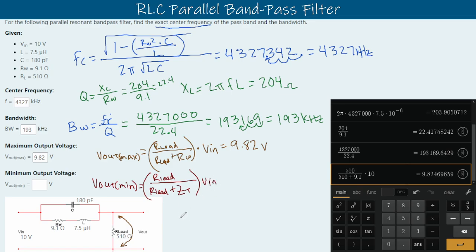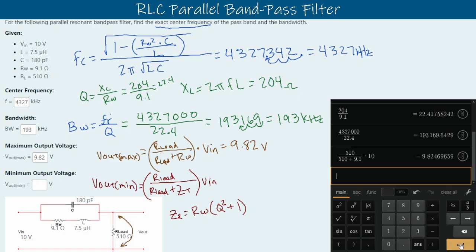And our ZT at this point will be our Q factor squared plus 1. So there's a new equation that we're going to use for this one. Our Z for our maximum resistance, including our winding resistance. So RW is our winding resistance, and that's dependent on our quality. And so we'll say that it's our Q squared plus 1. Right, and that's going to kind of give us the full range of that quality that we talked about. So this is where it comes into play for our components.